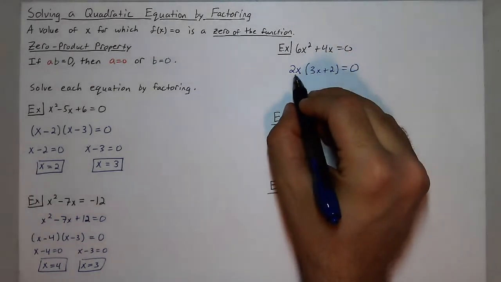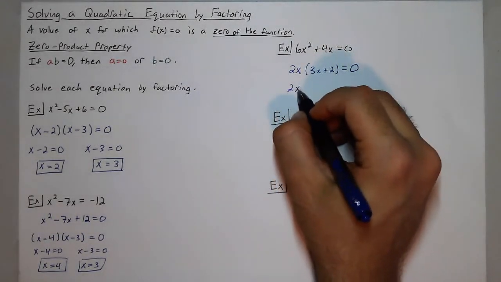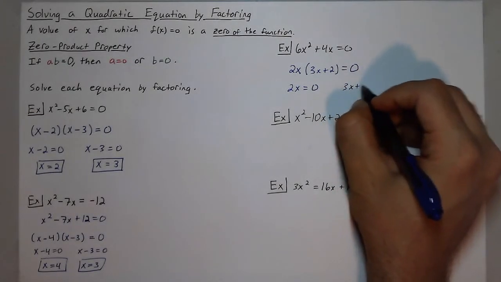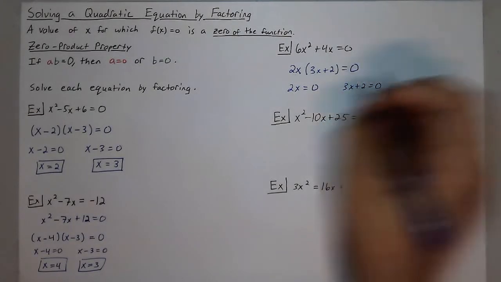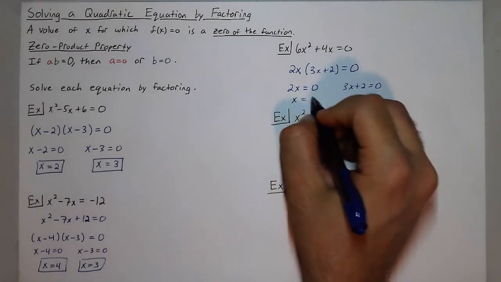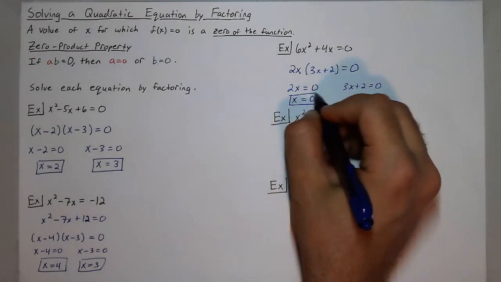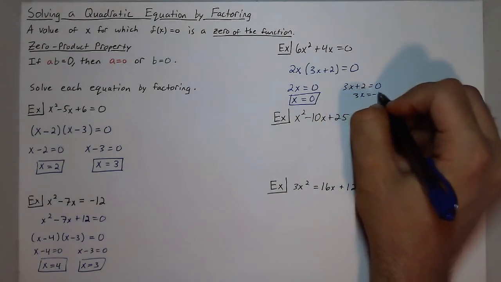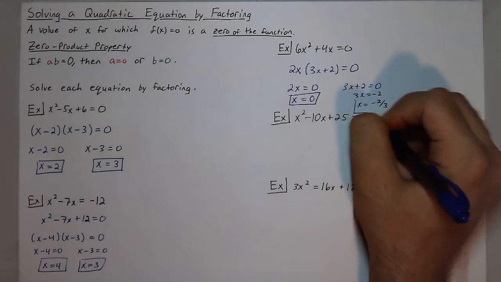So my two factors are 2x, which I can set equal to 0, and 3x plus 2. The left equation, after I divide by 2, gives me 0. And on the right, I can subtract 2, then divide by 3, and it gives me negative 2/3.